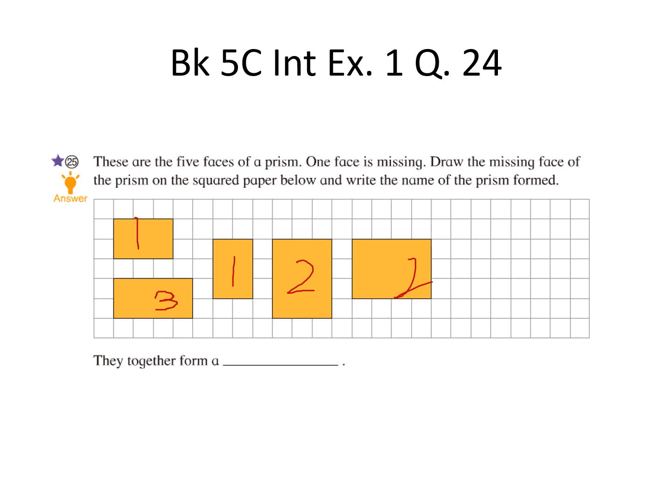So for the third pair of parallel faces, it is a rectangle with dimension 2 times 4. So that means you have to draw a rectangle with 2 squares by 4 squares, like this. And together, 6 rectangles put together can form a cuboid.